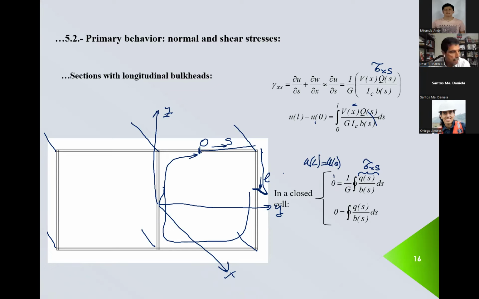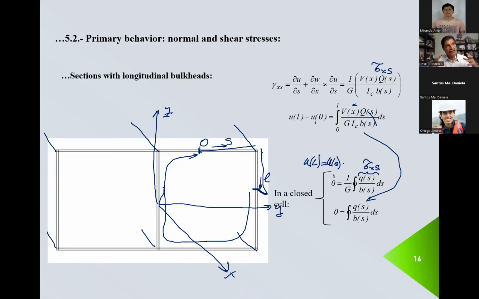Okay? So we're going to use that. What we can do is replace this into here, and this is what we're going to do. We're going to take advantage of this. And this is basically a kinematic relation because we're talking about displacements.